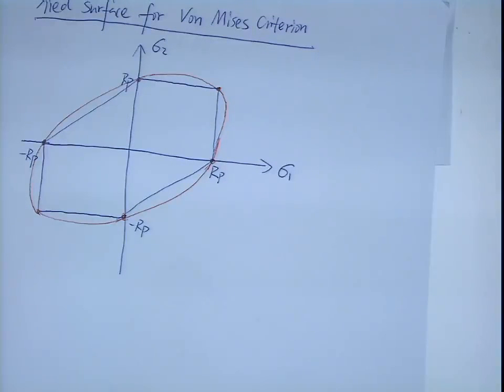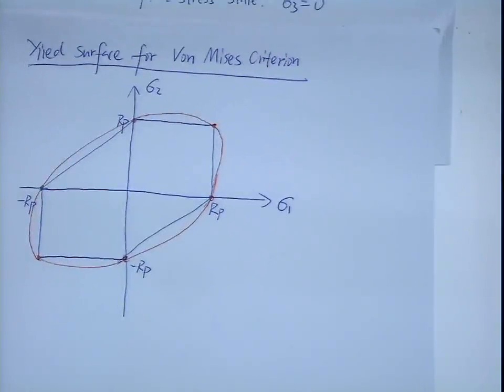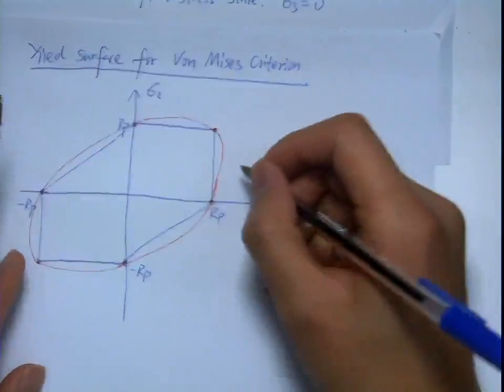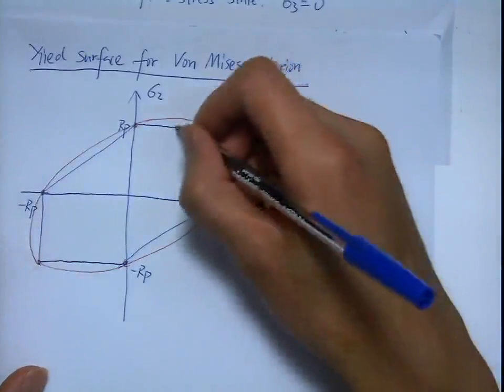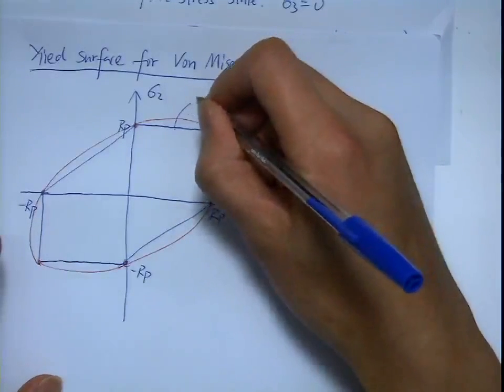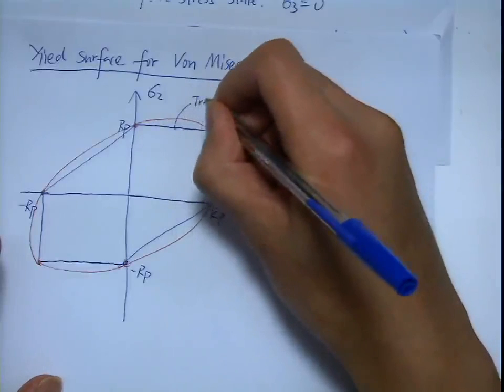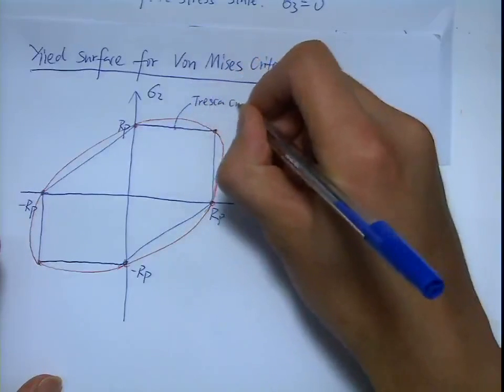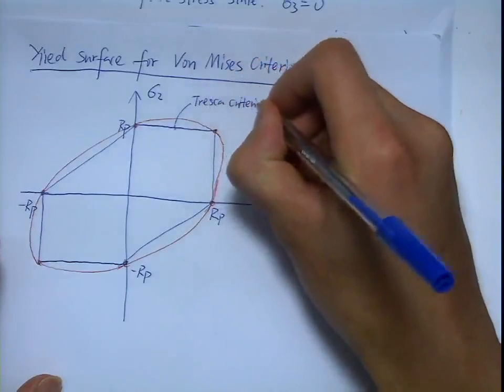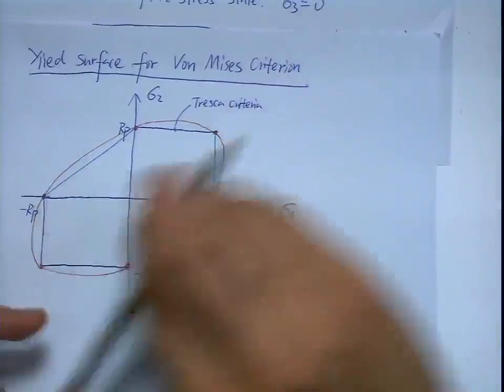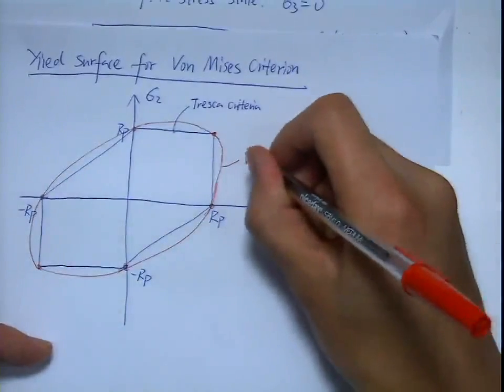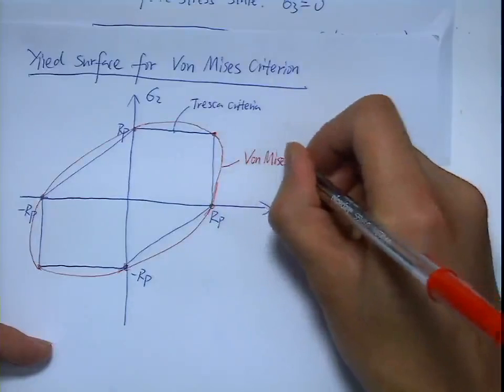So it's actually simple. You just do that exercise and then you get this Von Mises criterion. That's enough, just by hand. I don't need to use a very complex tool. So you note that this is the Tresca criterion, and this is the Von Mises.